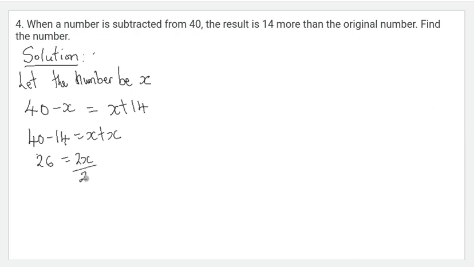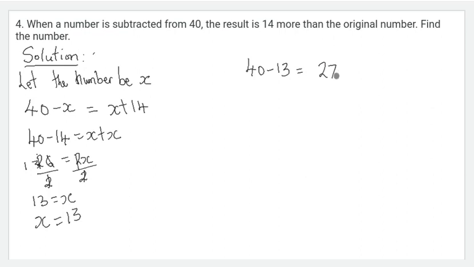That is 26, right? So 26 is equal to 2x. Divide both sides by 2. So that means 13 is equal to x. So let's confirm. 40 minus 13 is equal to 27.